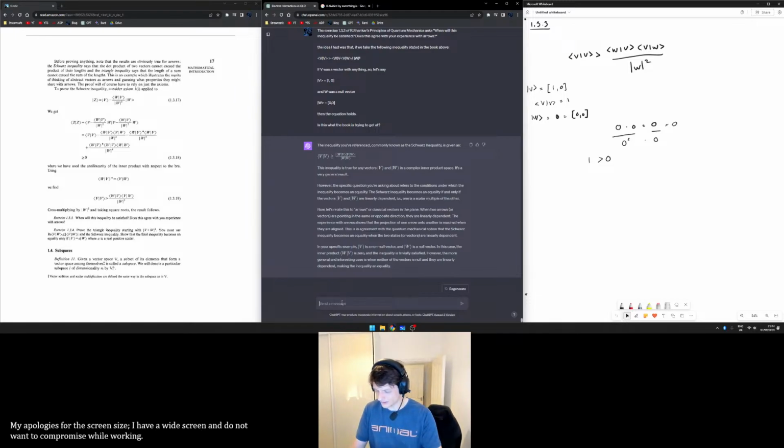Let's write that down. If w is equal to the square root of the inner product, then this squared is ww.